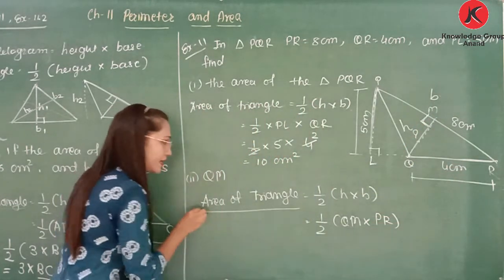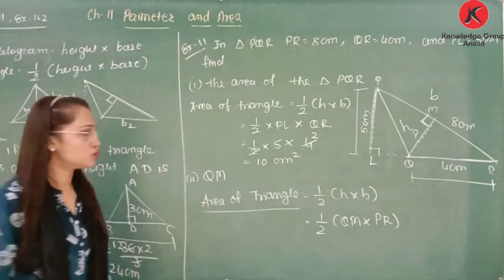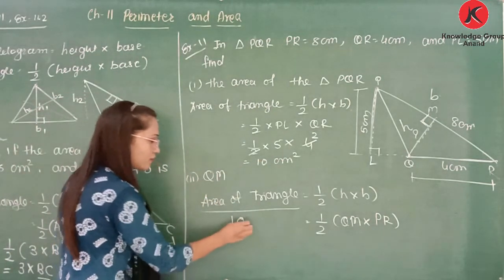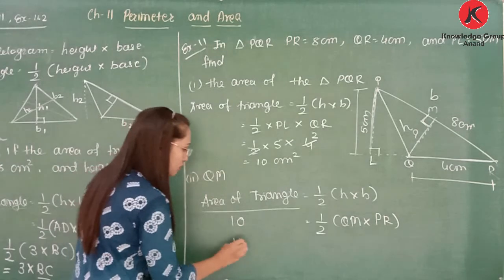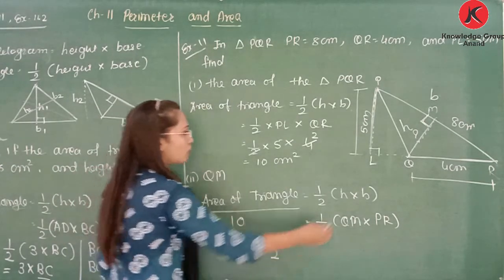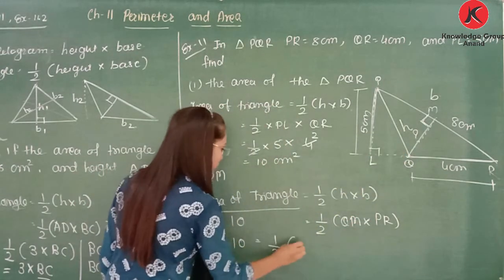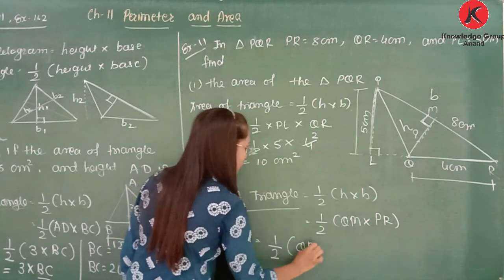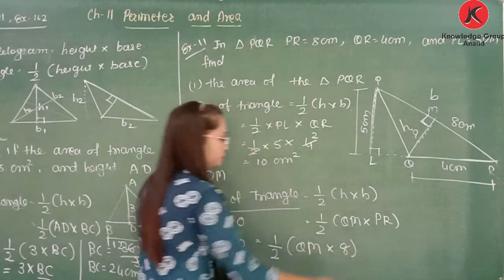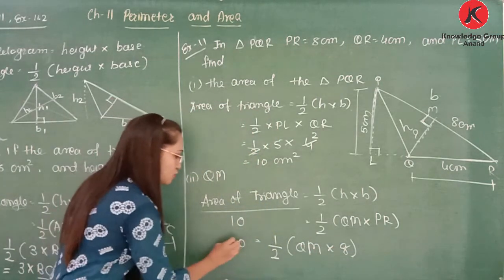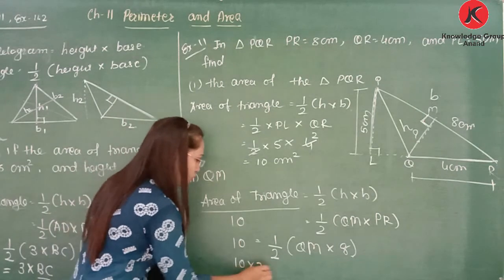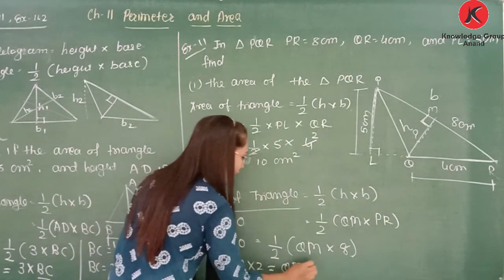Okay, but here area of a triangle remains the same, so that is 10 cm square. So we can write 10 here, 10, 1 by 2. Now we need to find QM and PR is given 8. Now take this 2 and multiply, so 10 multiplied by 2 is equal to QM multiplied by 8.